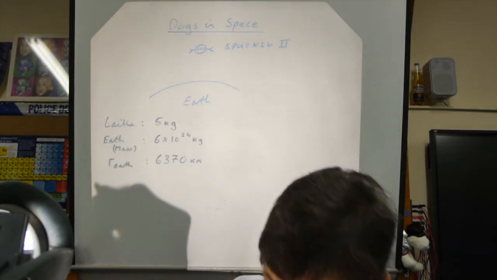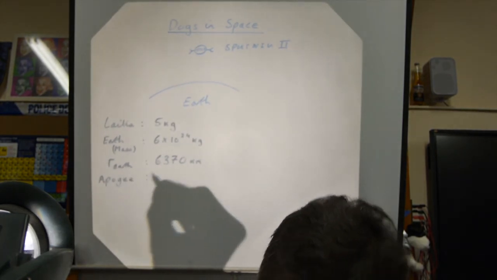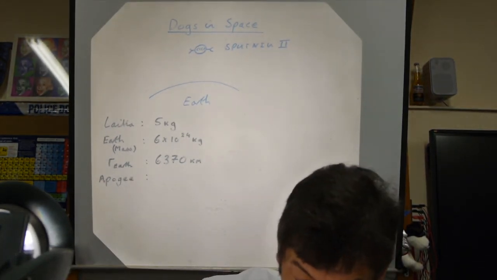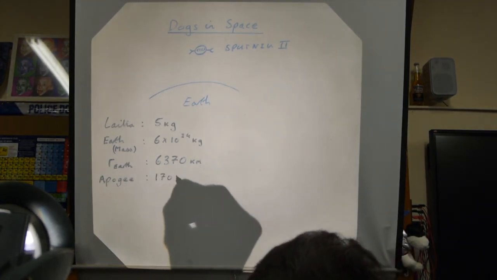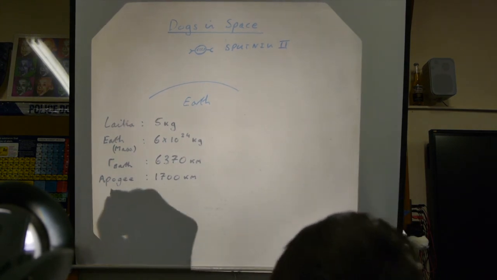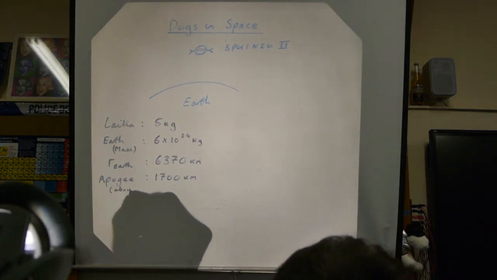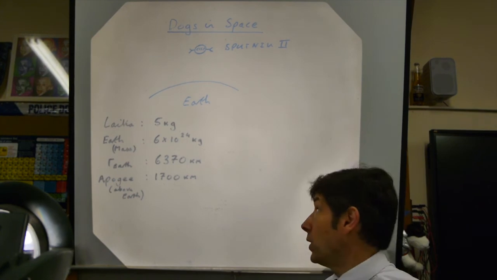So the apogee, interesting word, of Laika's orbit above the Earth, was 1,700 kilometres. Don't forget that this is above Earth. So the questions.